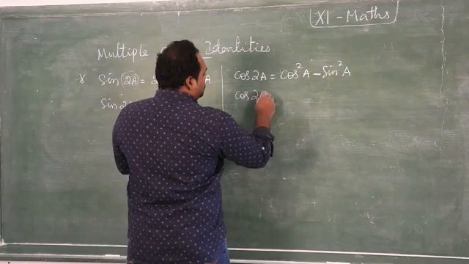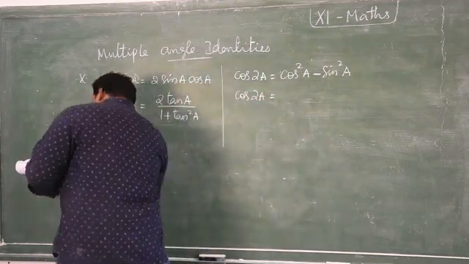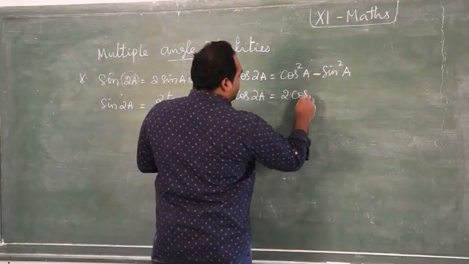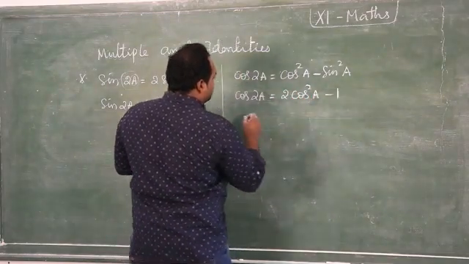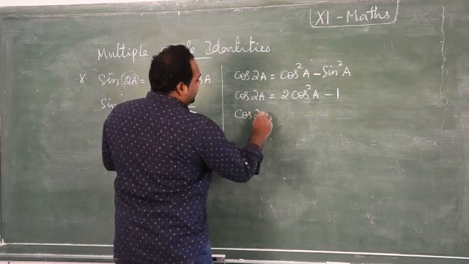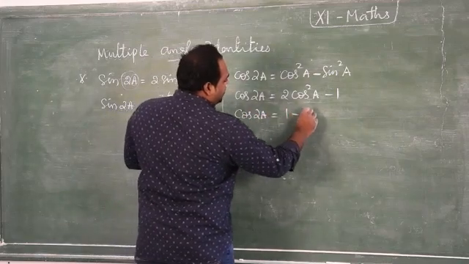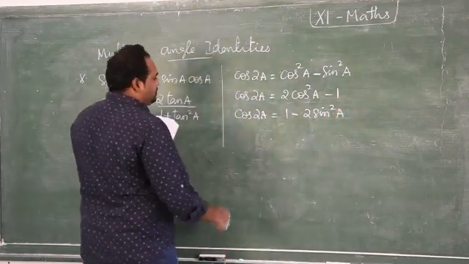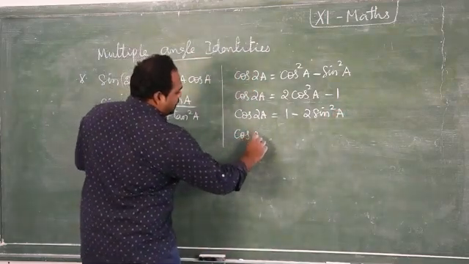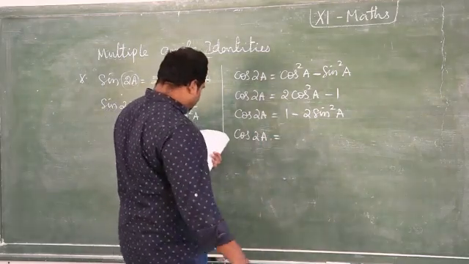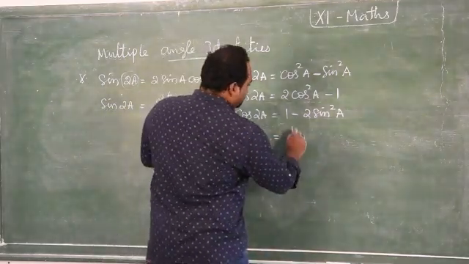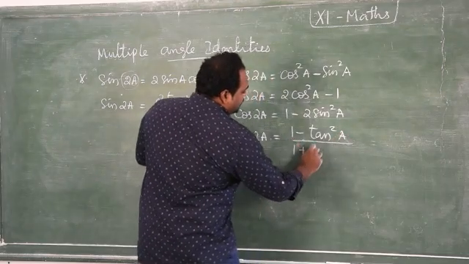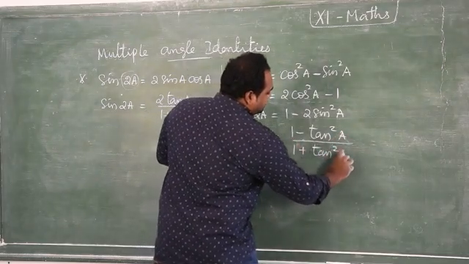Cos 2A can also be expressed as 2 cos square A minus 1, and also as 1 minus 2 sin square A. In the form of tan, cos 2A can be written as 1 minus tan square A by 1 plus tan square A.